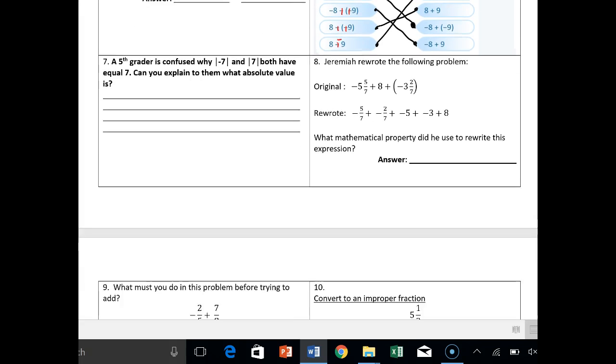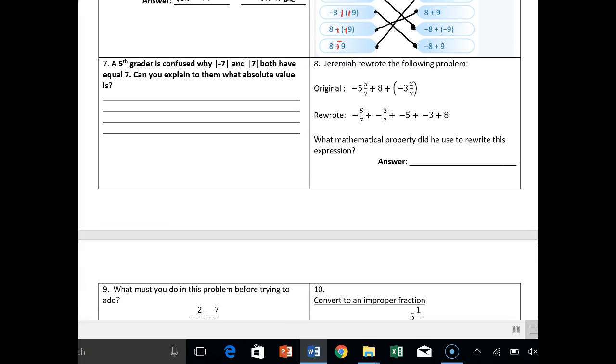All right. So if a 5th grader is confused by why negative 7 and 7 both have absolute values of 7, can you explain what absolute value is?